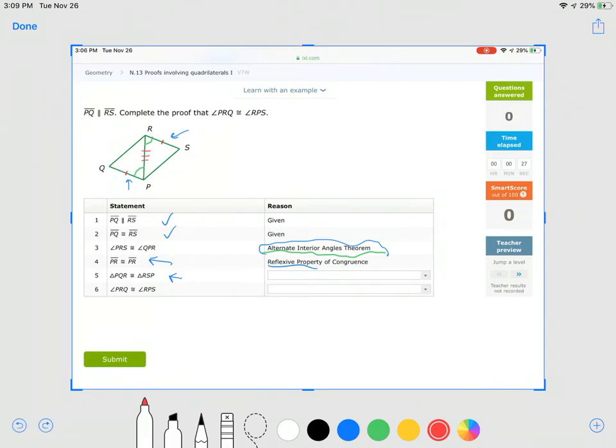Well, that's going to be one of our triangle congruence shortcuts. So if we know that this side, this angle, and this side are congruent to this side, this angle, and this side, then the two triangles are congruent by side angle side. That's a side angle side.